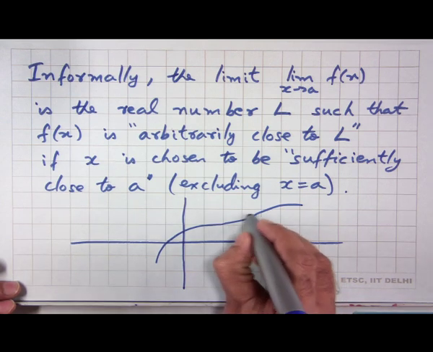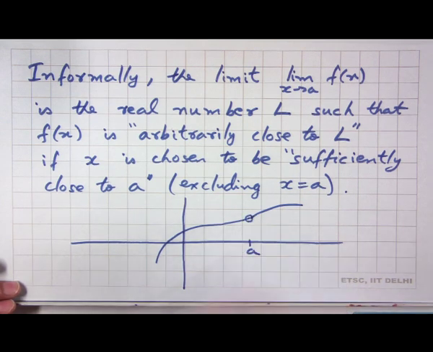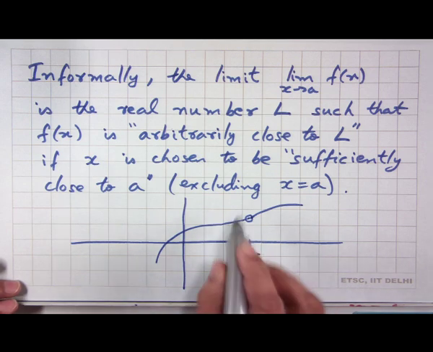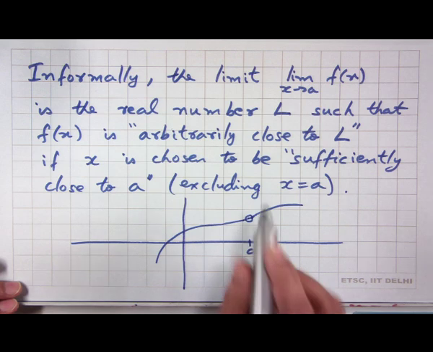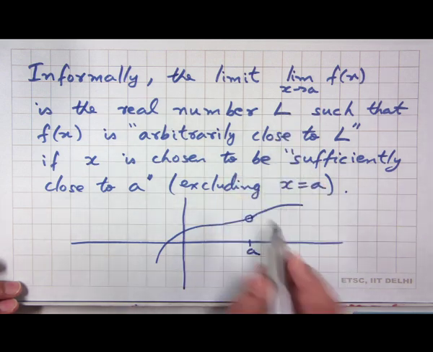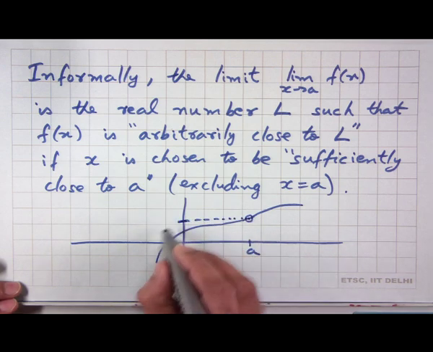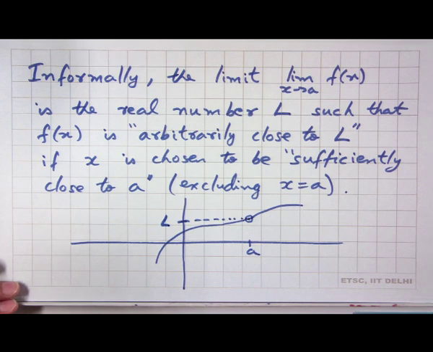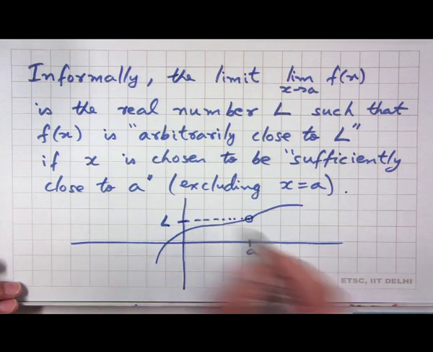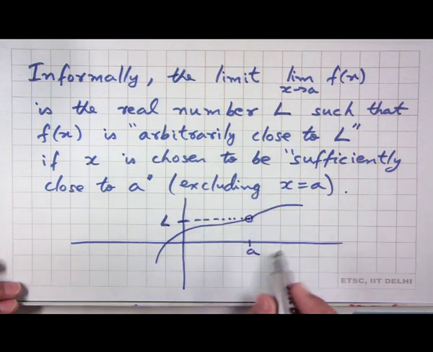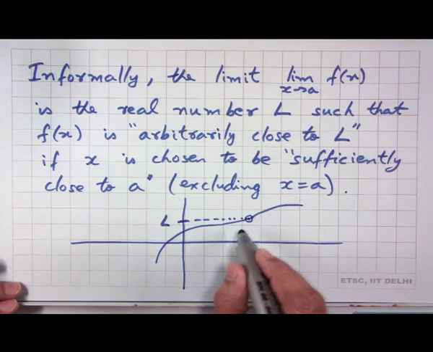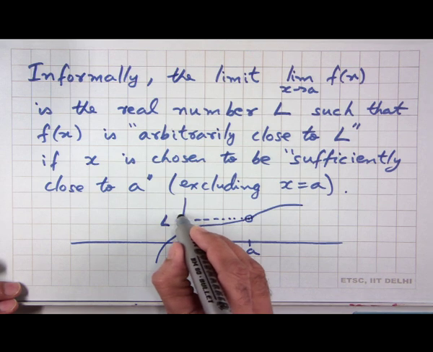It might not be defined at a. If we look at this definition, the limit of f of x as x tends to a is this number L such that you want the value of f of x to be as close to L as you want.